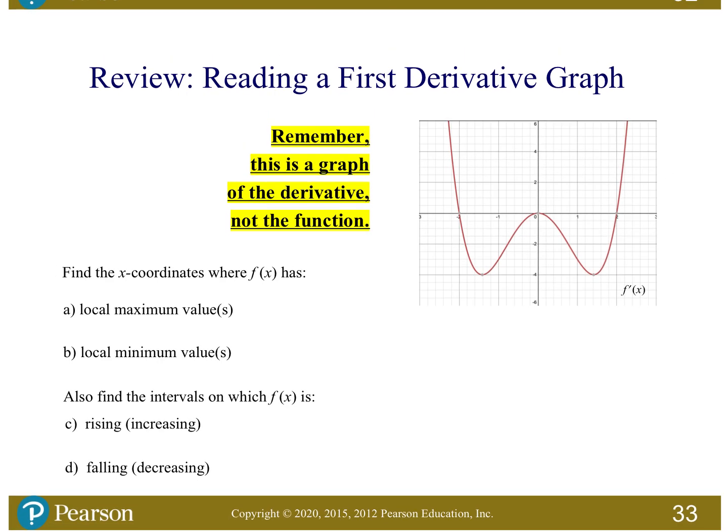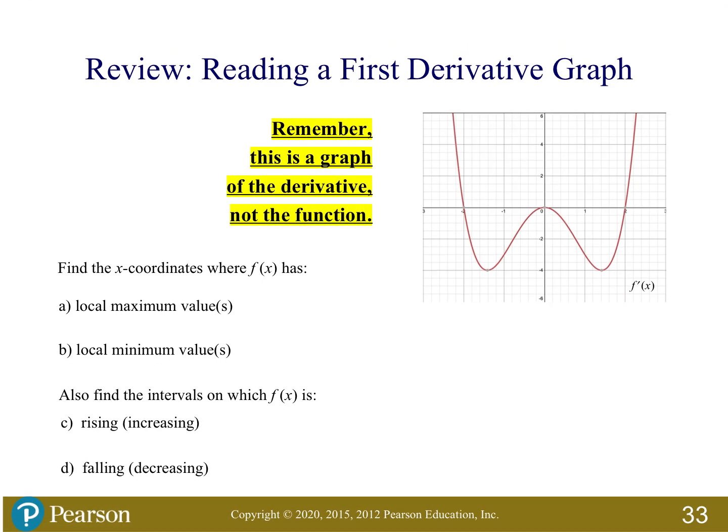This graph is representing the derivative. We want to find local maximum values. Maximum means f prime of x equals 0 and something else. Local maximums mean f prime equals 0.